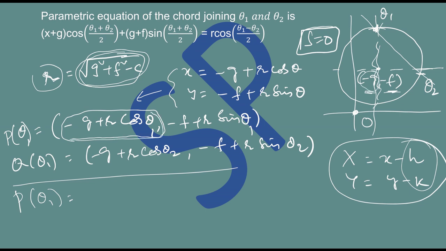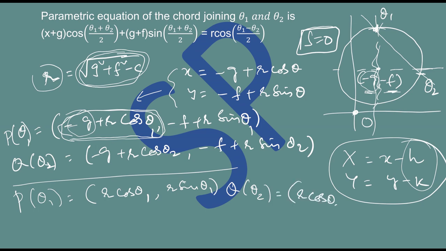So when I subtract minus g from small x, this minus g and that minus g get cancelled, and ultimately you will have the x coordinate as r cos theta 1. Similarly, the y coordinate will be r sin theta 1. Likewise, writing the coordinates of Q in the new system, Q of theta 2 is r cos theta 2 comma r sin theta 2.